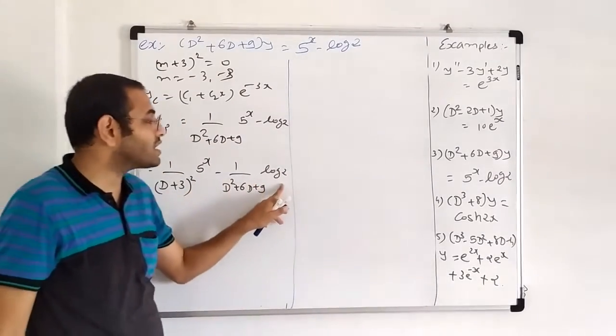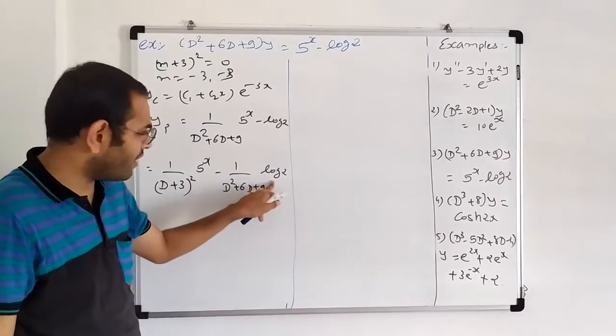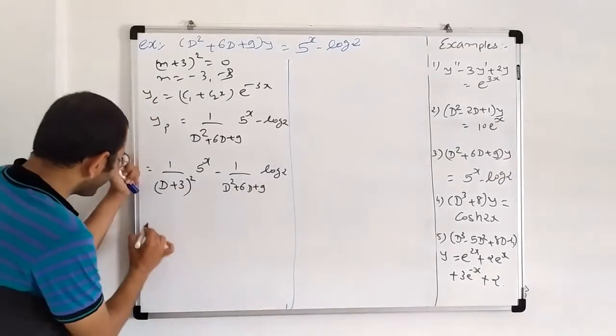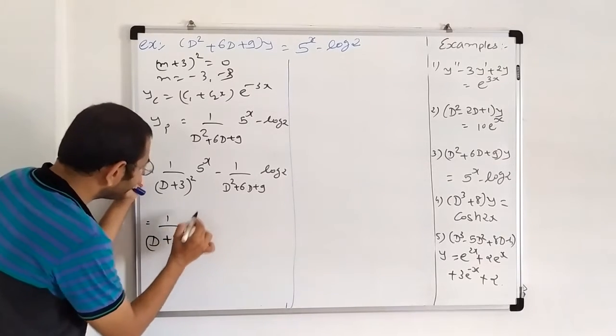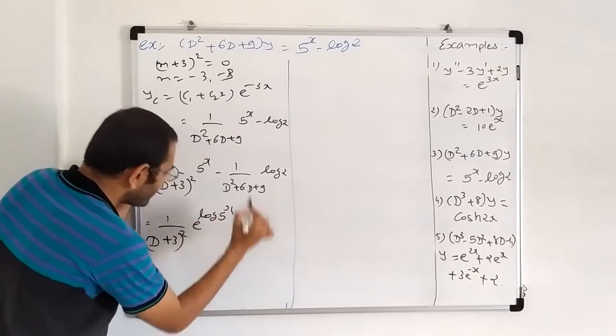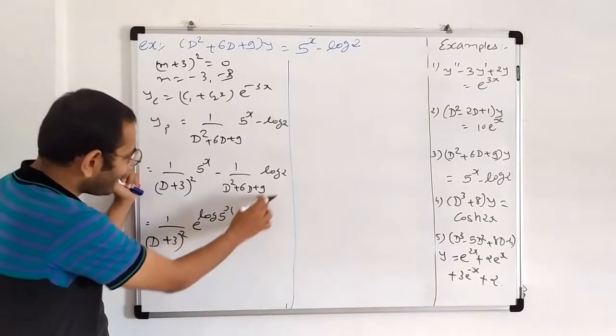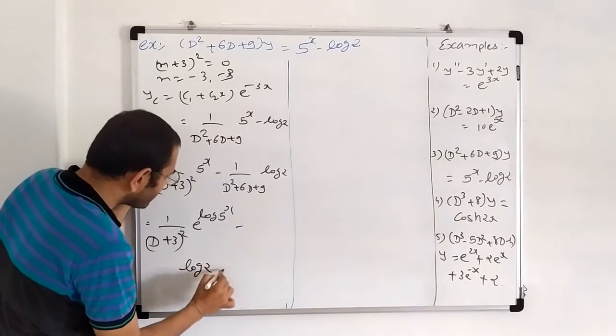Here r of x is not in the exponential form e raised to x, so first convert it into e raised to x form. Then we can write e raised to log 5 raised to x minus log 2, where log 2 is a constant term.